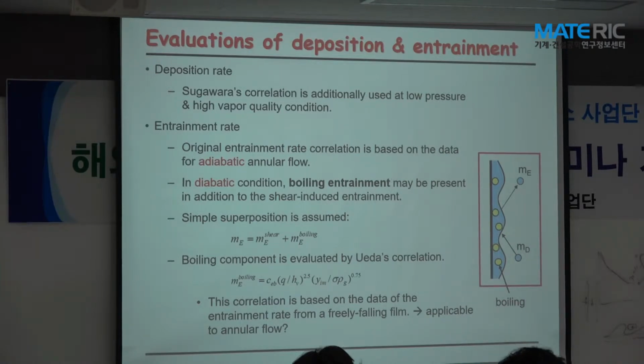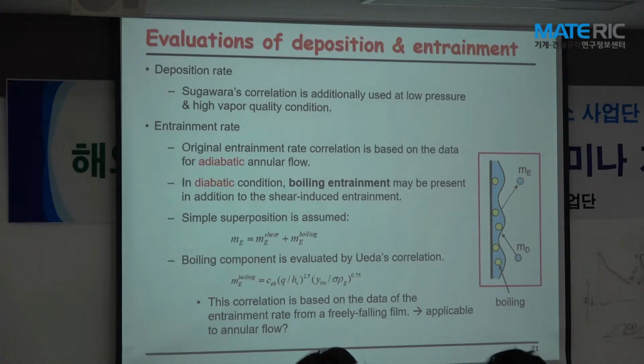In developing this correlation, Ueda's experiment is like this. This is a heater, and a freely falling liquid film is formed here, and heat is applied, and some droplets are splashed like this. The liquid film is like this, and the droplets, and there is no airflow. Therefore, the situation is very different between the experiment and annular two-phase flow.